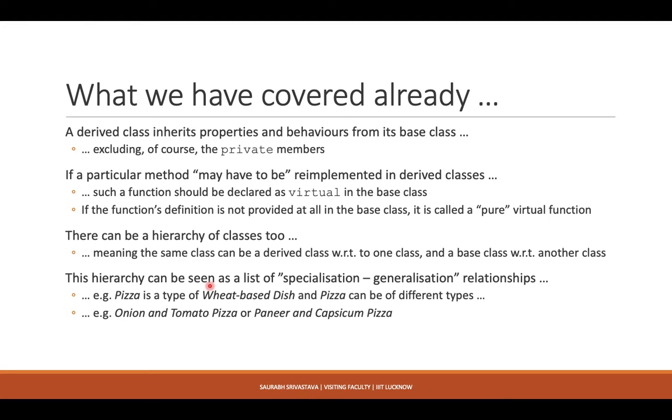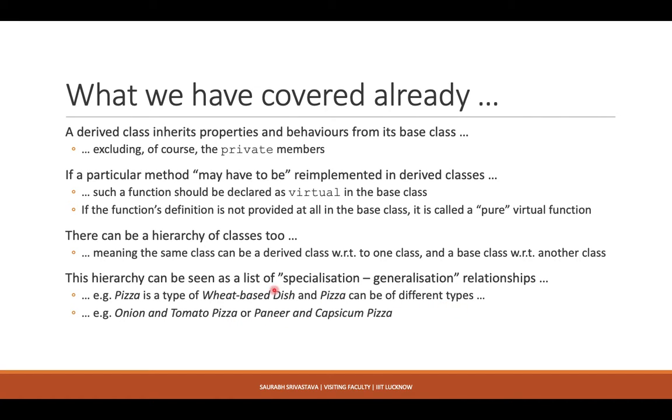Now this is something that is very important, right? Whenever we talked about inheritance, we talked about this whole idea of specialization and generalization relationships. So whenever I say pizza is a derived class of wheat based dish, what I really mean to say is that pizza is a type of wheat based dish in the real world, and at the same time I can say that onion and tomato pizza are basically a type of pizza, right?